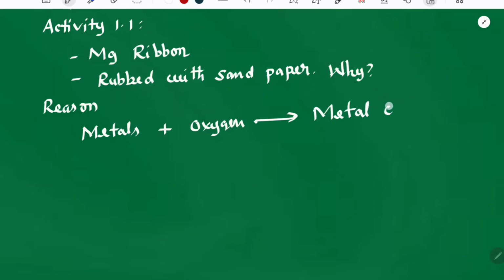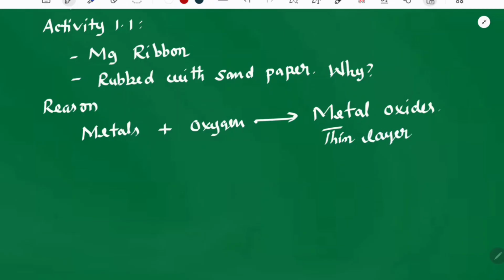All metals, their reactivity is not the same. We already learned this in the 8th class, so the same thing we can discuss in 10th class also. So generally metals react with oxygen and a metal oxide will form. It is a thin layer.